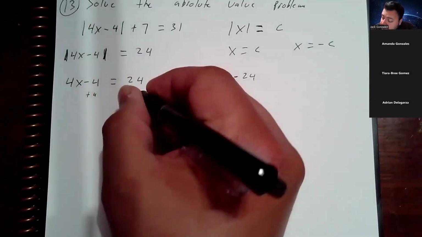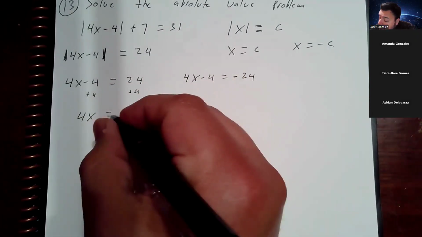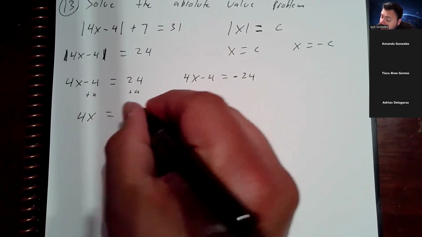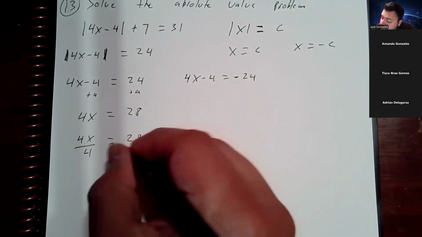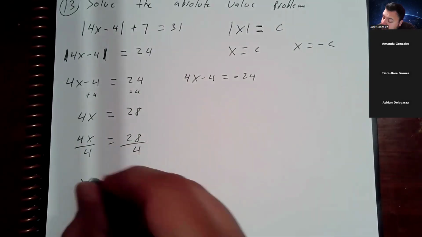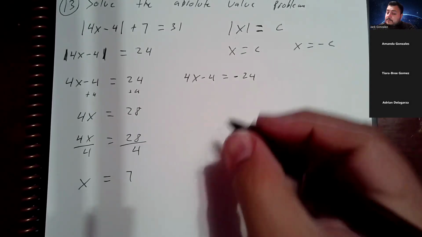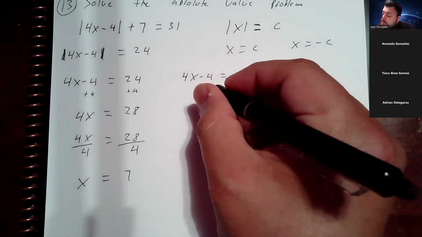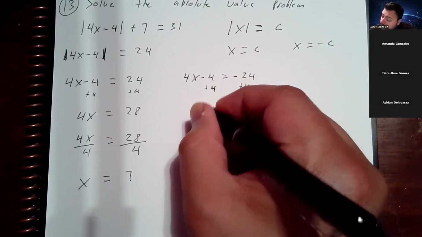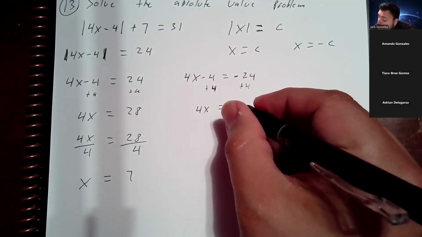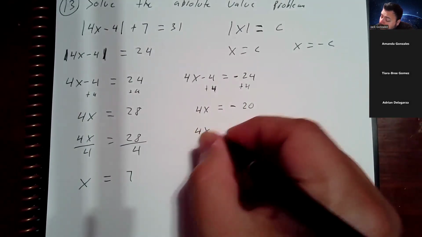Add the 4. That gets me to here. Divide by 4. That gets me to here. Okay, now add the 4 over here to the other one. That gets me to negative 20. Divide by 4.